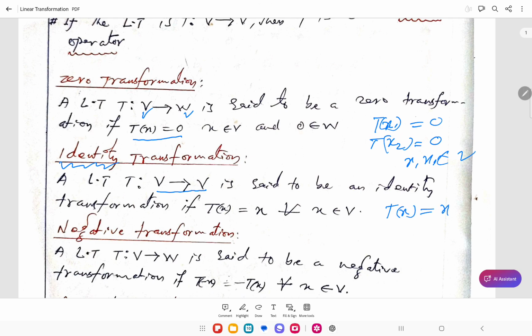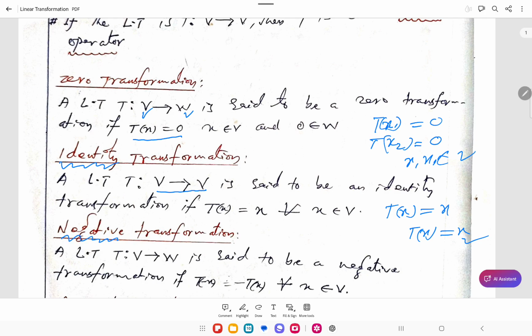So Tx equals x for all x belonging to V. Okay, so whatever elements of V you give to T, you will get the same vector back. Then this kind of transformation is called identity transformation.